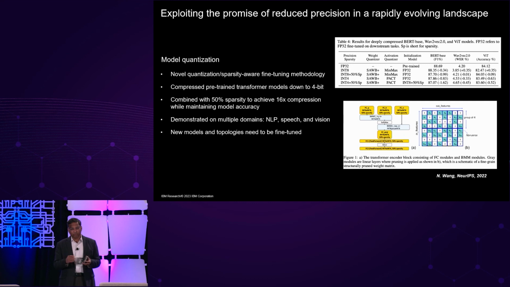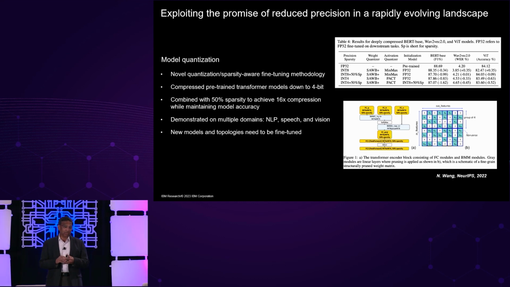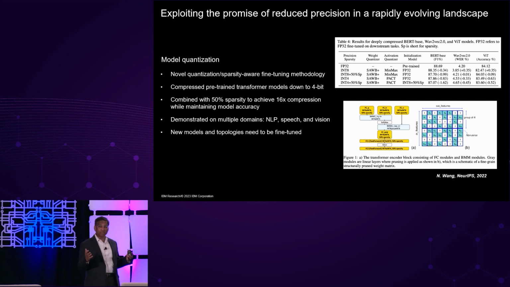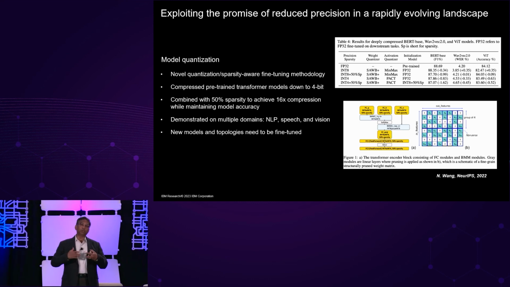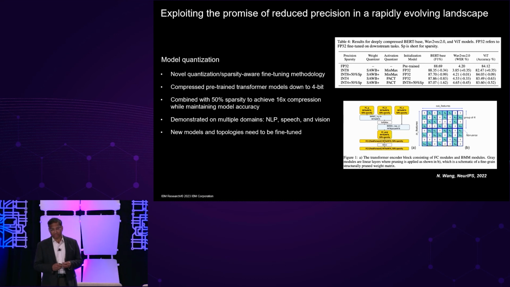Combined with 50% sparsity, we are able to demonstrate 16x compression while maintaining model accuracy. For transformer-grade models, if your model is compressed that much, that provides you so much opportunity when you deploy these very complex models in an energy-constrained edge environment.